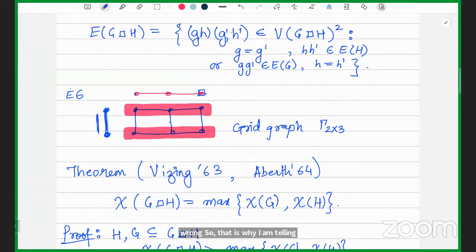Well, matching complexes for the grid graphs have not been solved, but the independence complexes have completely been solved. If I'm not wrong, it was stated by Matsushita last year, in 2023. The matching complexes are done only up till 3 cross n.